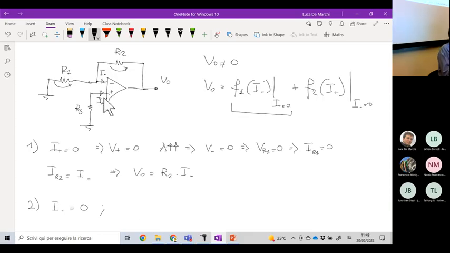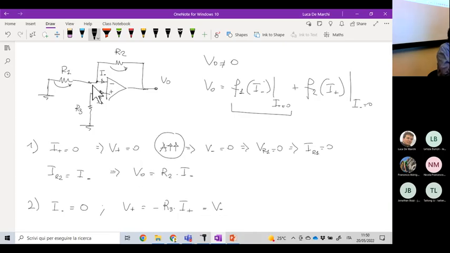In particular, provided that the orientation of the current I plus is this one, this means that V plus is equal to minus R3 times I plus. Which should be equal also to V minus, because the assumption of the large gain is still valid.